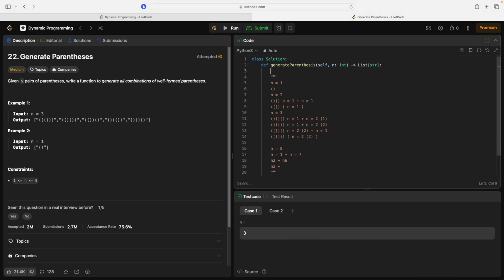So here's my strategy. Start at n equals 1, or have a base case of n equals 1.